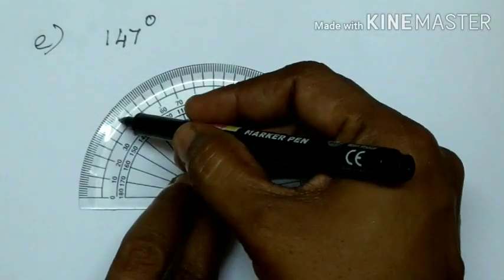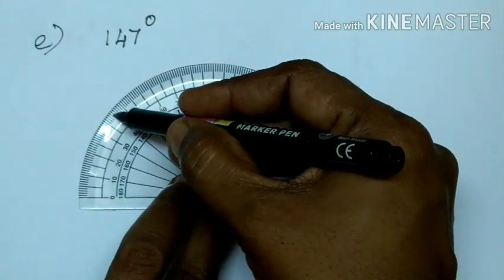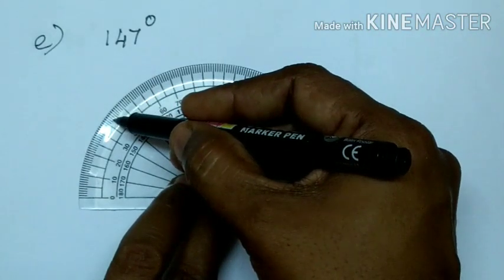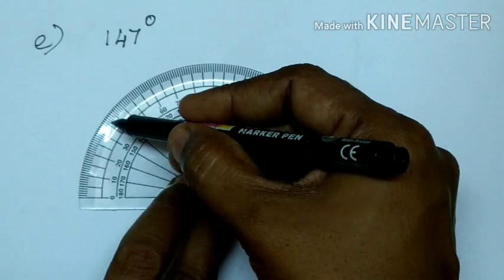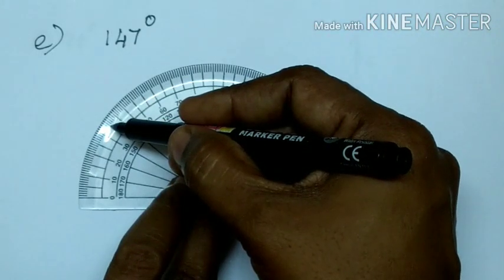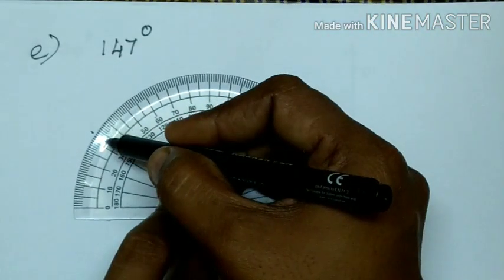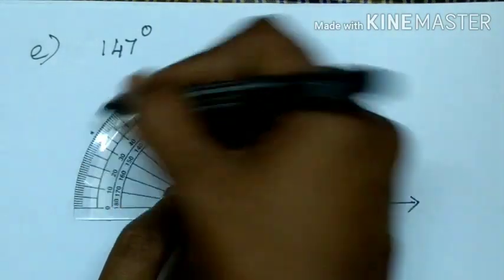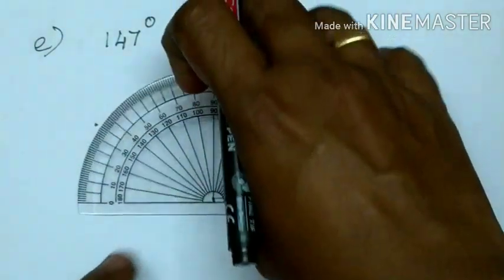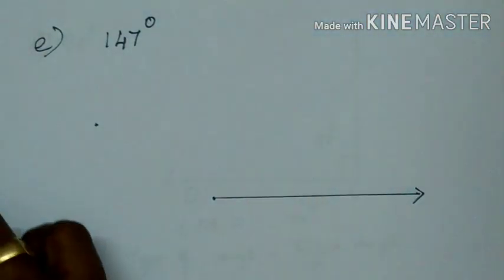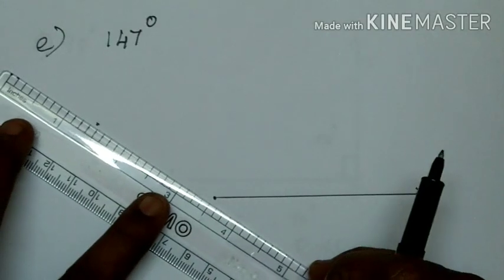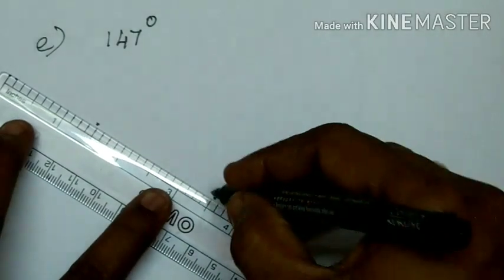See, this is 140 and the next is 141, 142, 143, 144 and 145, 146 and 147. There we have to put the point and then remove the protractor and using the scale joining these 2 points like this.